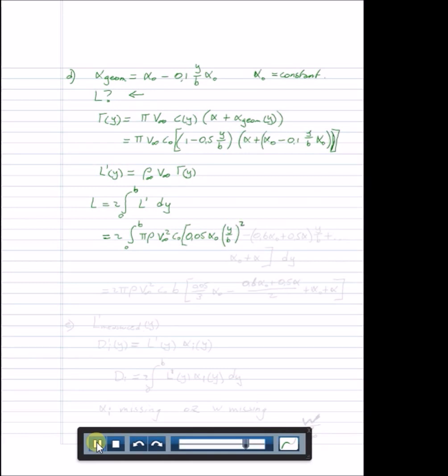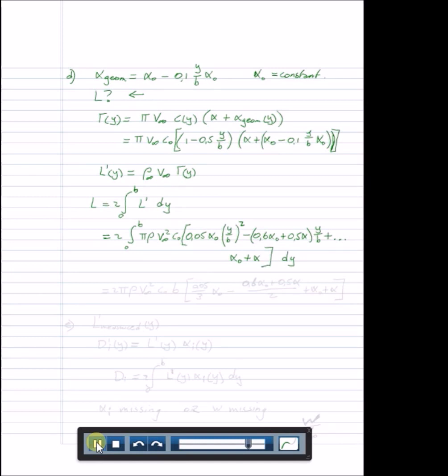Then we've got minus 0.6 alpha naught, which is if we evaluated that term times alpha, we multiply that times y over b, and we've got some extra term plus alpha naught plus alpha, so I'll continue on the next line, and we integrate that across dy, and we of course have to close the big brackets.